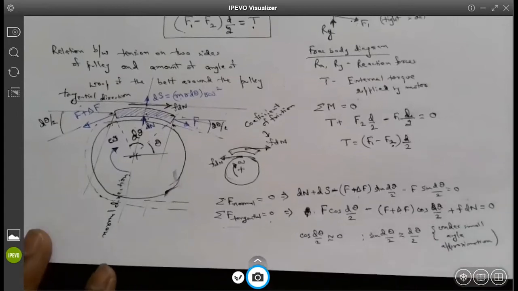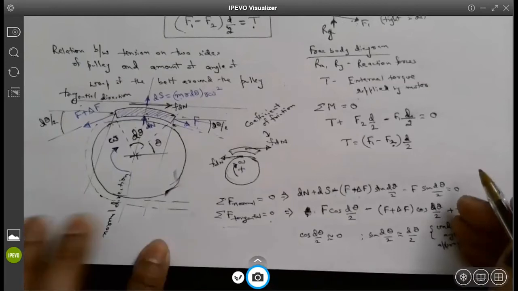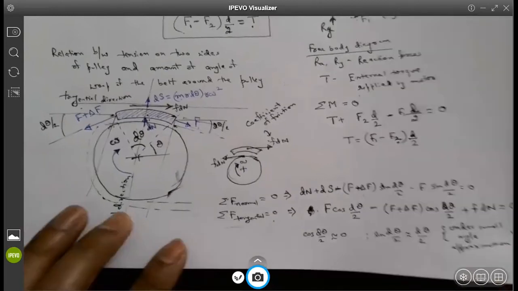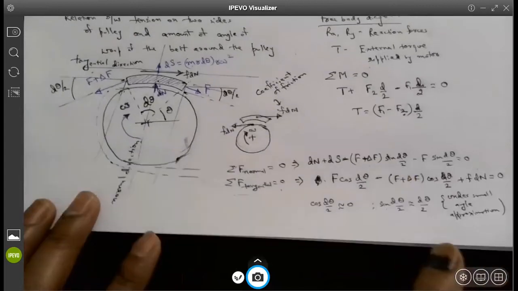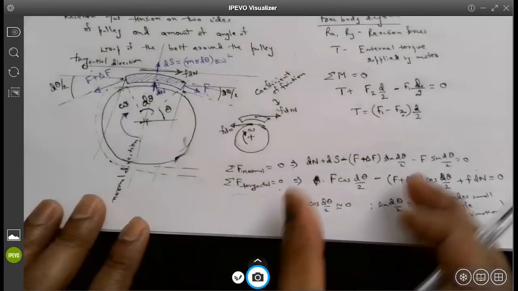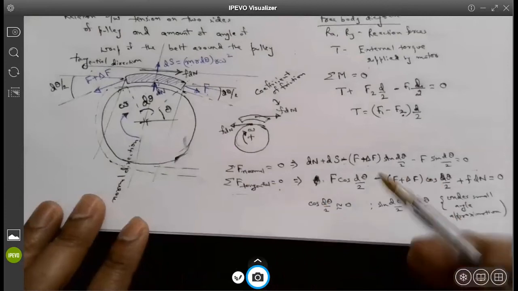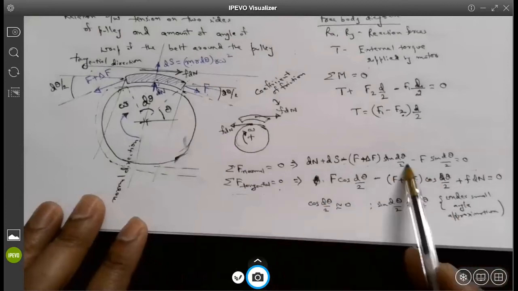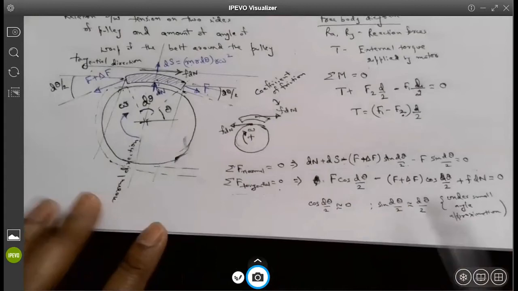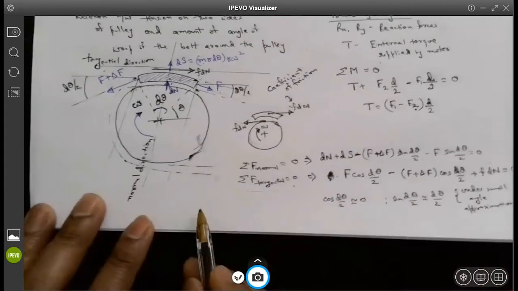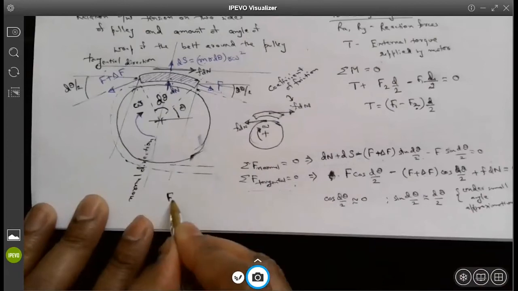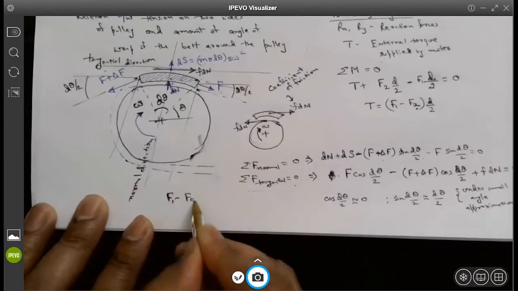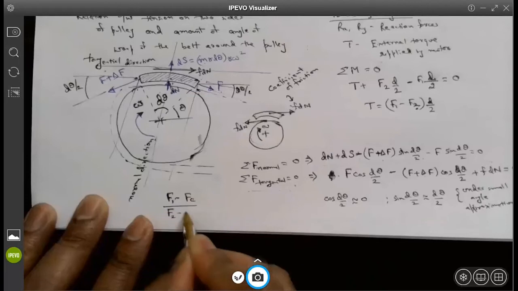So let me write that down here. When you solve these two equations, I'm not going into the solution, I'm just showing you the steps, and you will end up with a differential equation. You solve the differential equation with the proper boundary conditions. What you will end up with is a belting equation, and that is basically given by this.